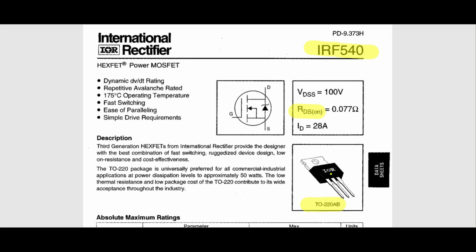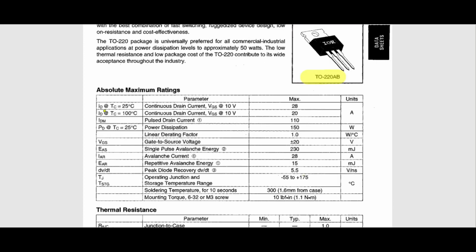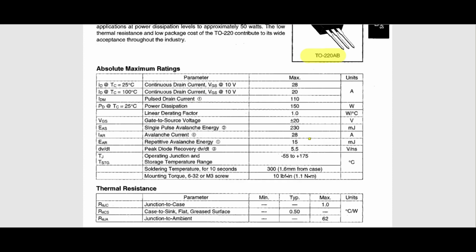This is the type of package which is normally available, and you see here the more detailed specifications. So drain current of 28 amps, and pulsed drain current is 110 amps, meaning that it can take a much higher current under pulse operation or duty cycle operation.